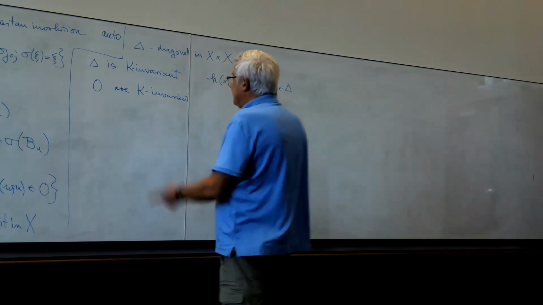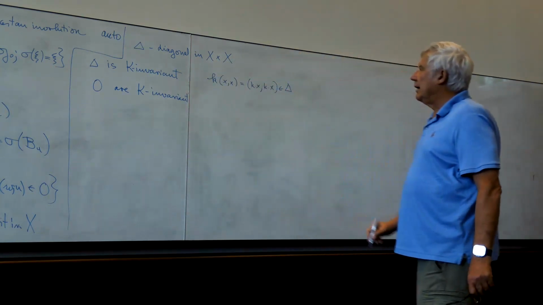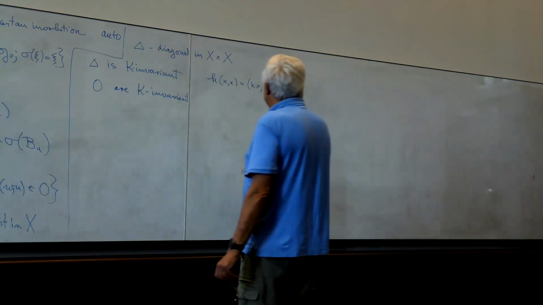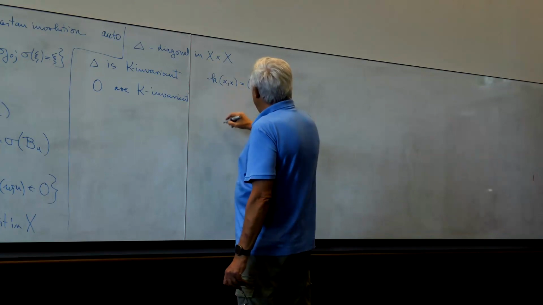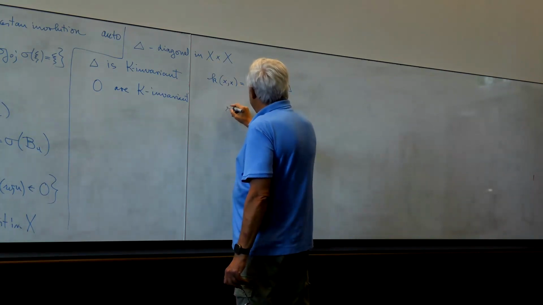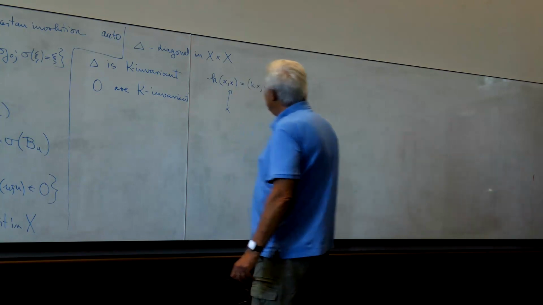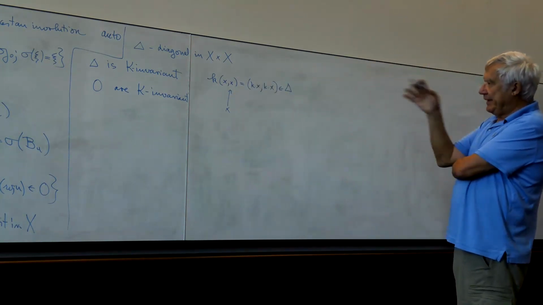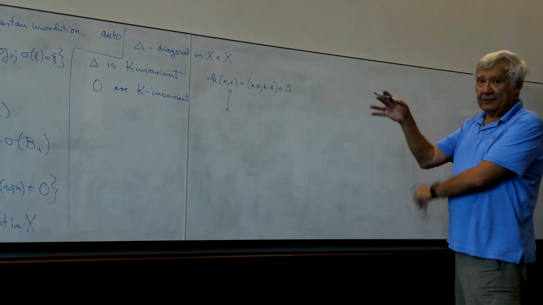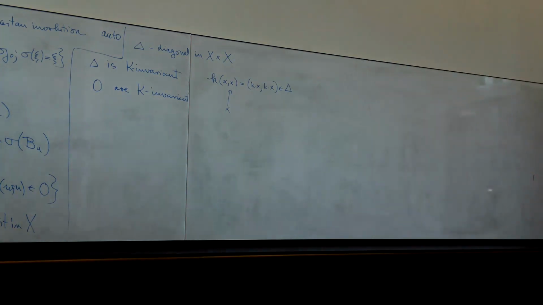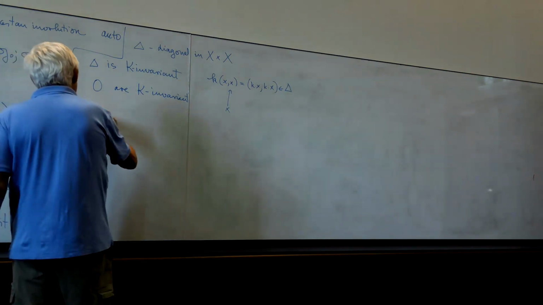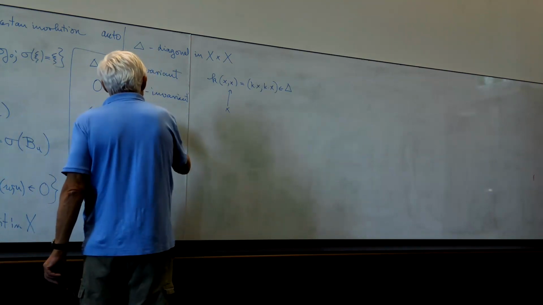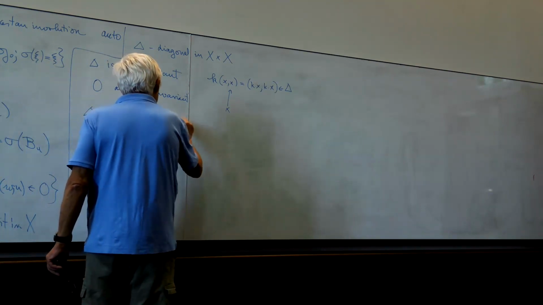And we also see what will be important a little bit later, that the map sending x to (x, x) establishes a bijection between K orbits in X and K orbits in the diagonal. So if I look at delta intersected with O, then this is a K orbit.